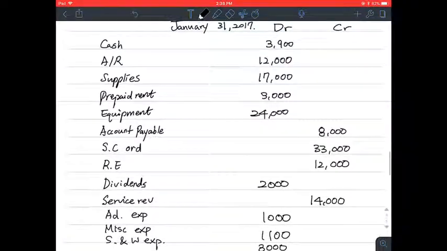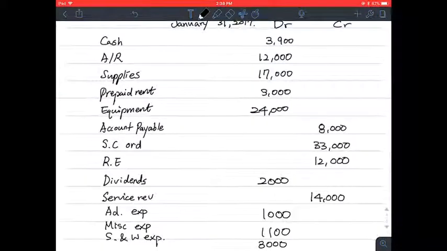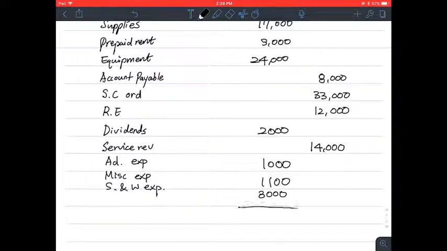Okay, now we add all these debit and credit sides together. If we add all the debit side, it should give us 67,000, and if we add all the credit side, it should give us 67,000. If the numbers match, then you know that you have journalized it correctly.